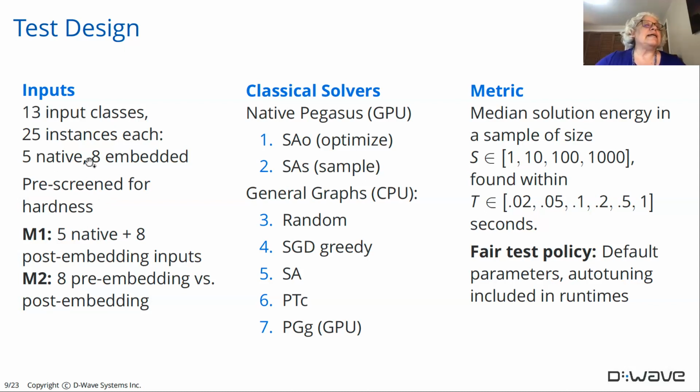One thing I'll say is that we have a lot of ideas for what inputs to use, and we did pre-screen these for hardness, in the sense that if classical solvers, simulated annealing and greedy in particular, can find ground states in less time than the programming time, the 15 milliseconds, then there's kind of no point in performing the test.